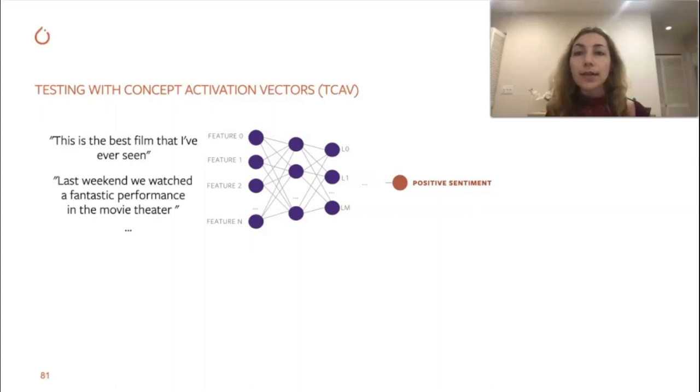Let's also say that we are given predictions using text that contains positive sentiment based on the movie rating dataset. We have here two examples of two movie rating descriptions, but you can imagine that there are more than two examples. Let's assume that a model is able to predict positive sentiment correctly for most of our input examples.